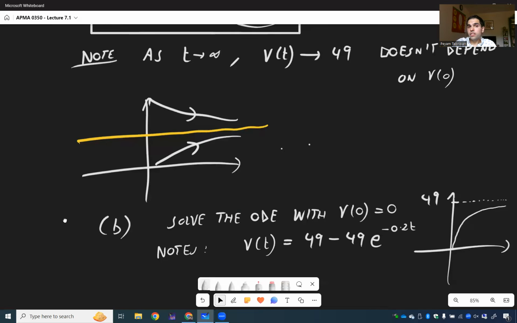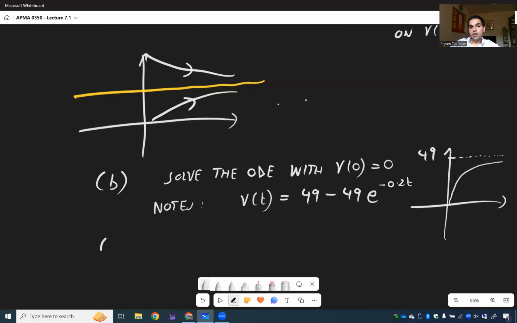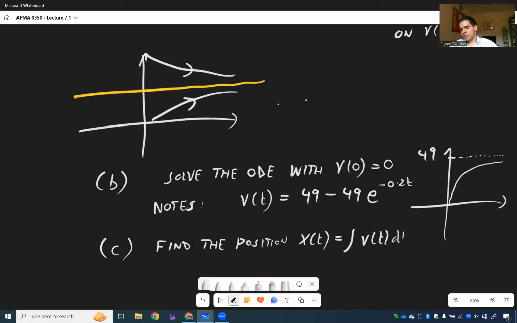And then using the velocity and integrating, you can find a position, x of t, which is just the integral of v of t dt. And well, for the initial position, depending on your frame of reference, you can either use x of 0 is 0 or x of 0 equals 300.